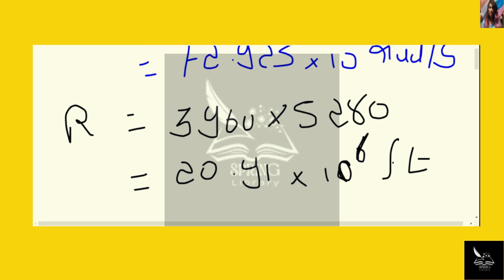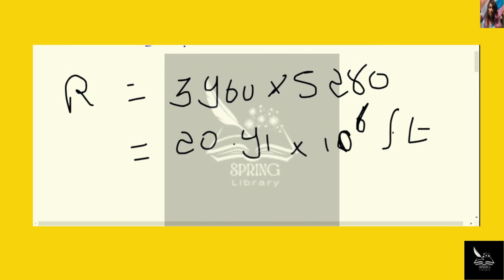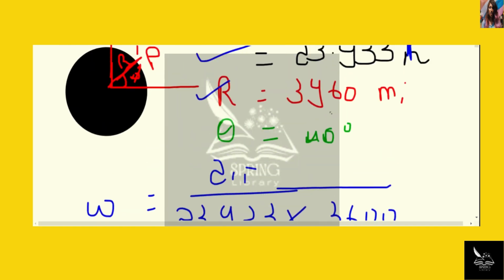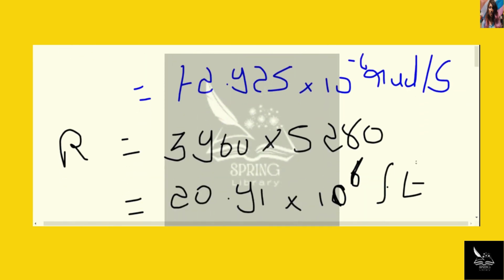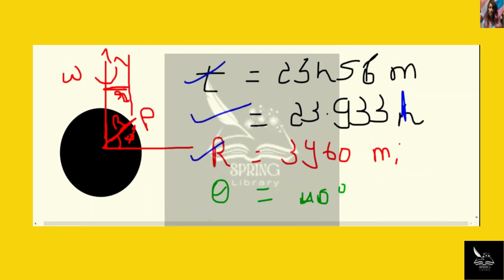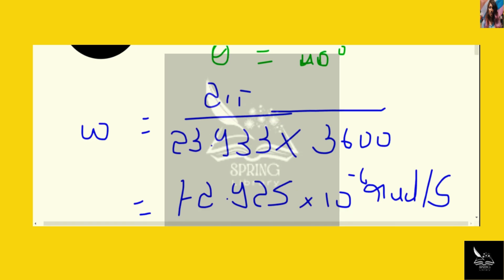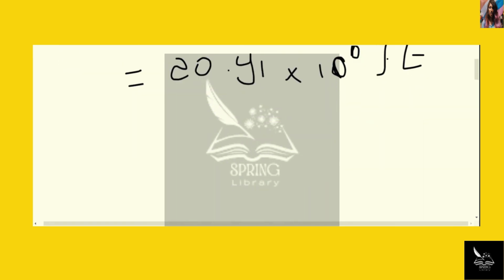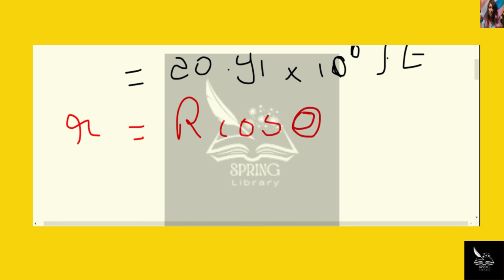This is the radius. Now, the radius of the path of the point on Earth, from this figure, we can write small r is equal to R cos theta, or you may write cos theta is equal to r over R. That is completely okay.